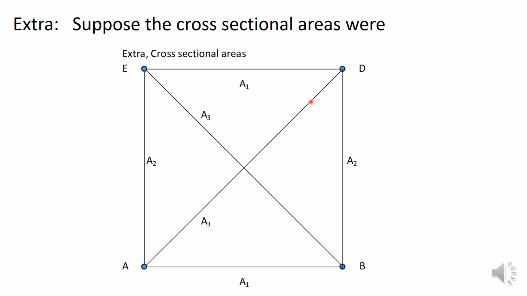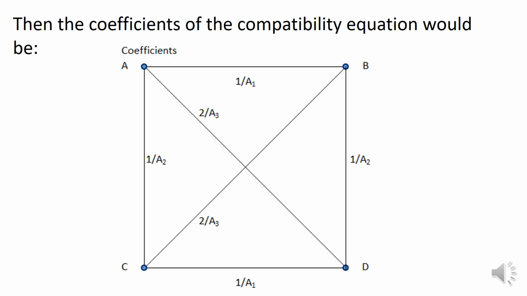So suppose we wanted to generalize, instead of restricting ourselves to equal areas for all the members, we wanted to have 3 different cross-sectional areas, top and bottom, left and right, and on the diagonals. Now in that case, the coefficients of the compatibility equation would be these.